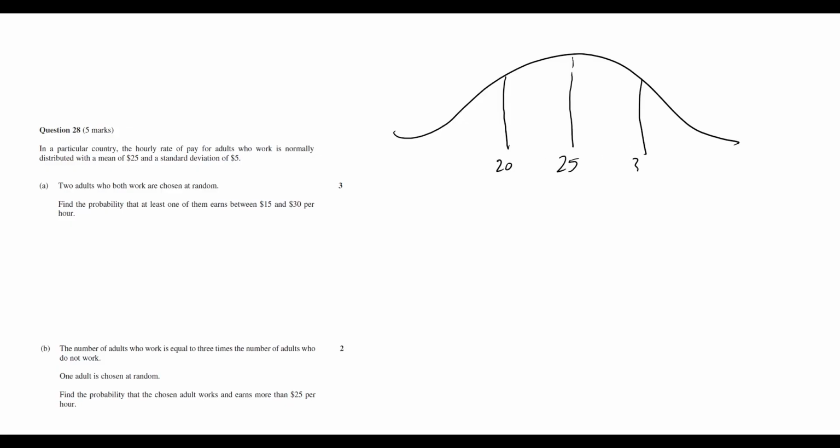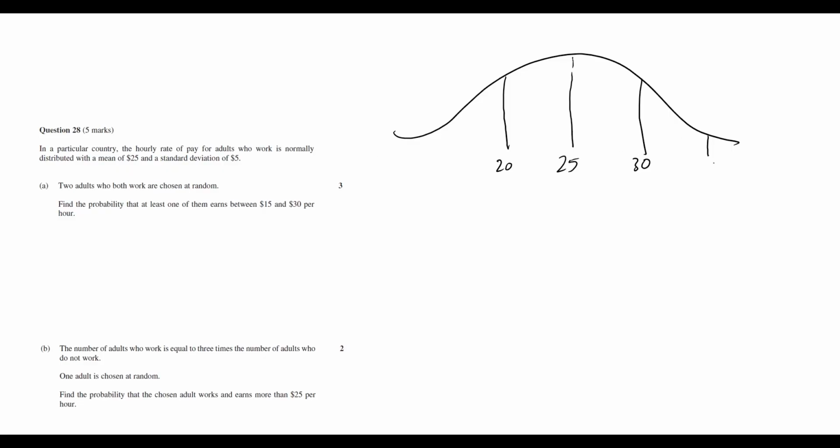Okay, so what we need to do here is start looking at our normal distribution, so I'm going to draw it out like that. We know that our mean is going to come right in the middle here, so that's 25. One standard deviation is probably going to be about here, so that would be 20, and 30 over here, since the standard deviation is 5.